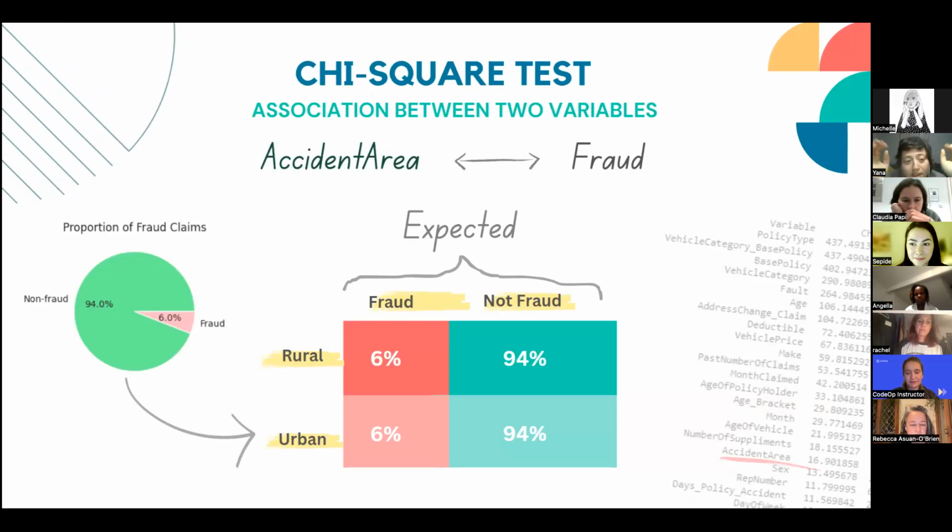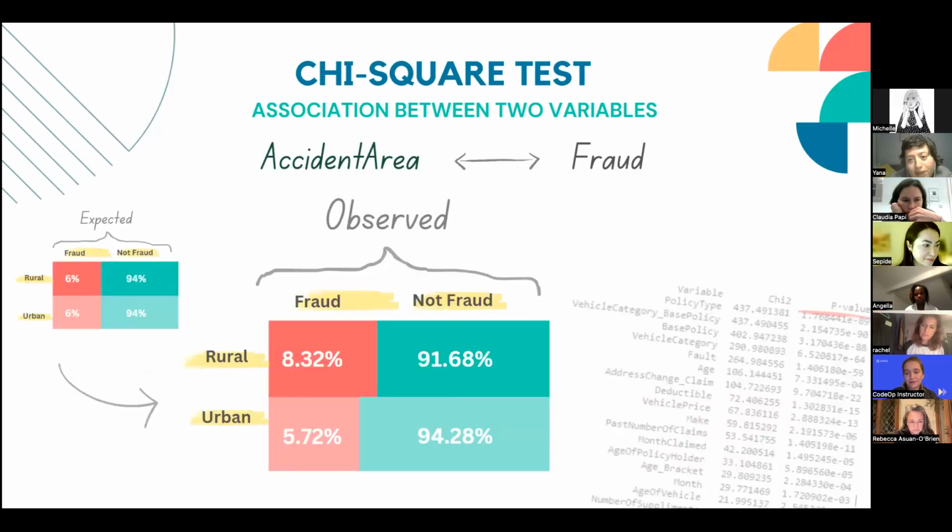If it doesn't, then we would expect the same distribution, 94 versus 6 non-fraud versus fraud cases. That is what we would expect if there is no association between our independent variable and the output. However, if there is an association, we would see that the distribution is shifted.